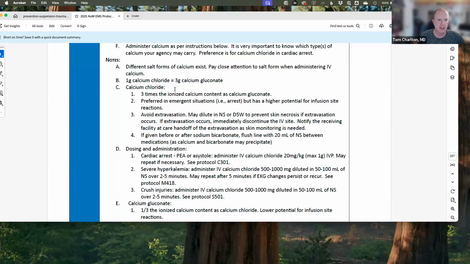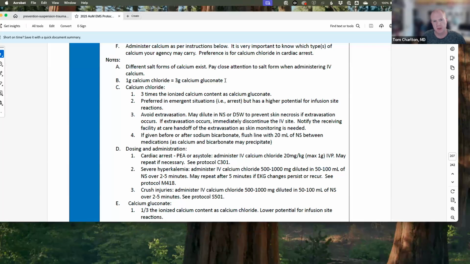The most common one is calcium chloride, which is typically used in cardiac arrest, but also has that risk of skin necrosis if it goes extracellularly. A lot of departments are beginning to carry calcium gluconate. Calcium gluconate requires a higher dose, but is much safer if it gets out of the vein, and can still be used in cardiac arrest as well as these other situations.